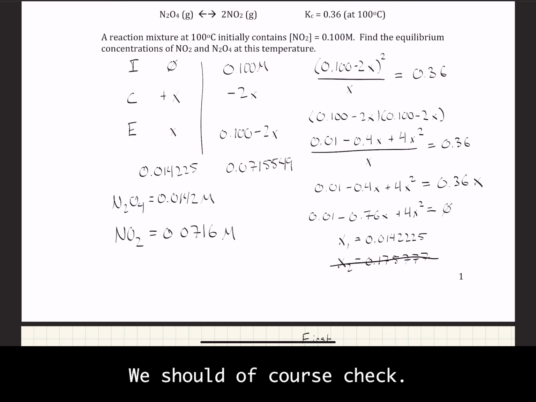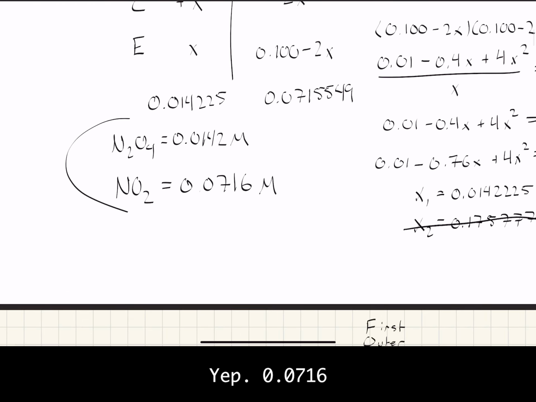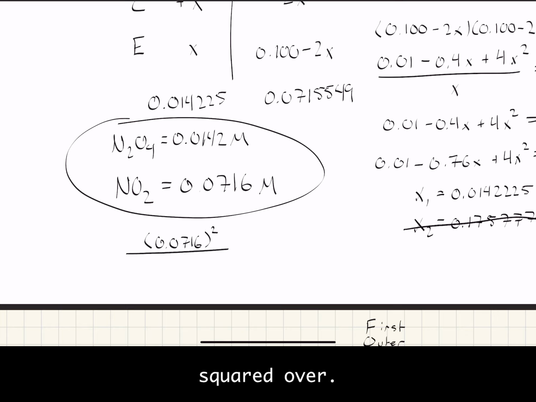We should, of course, check. Yep. 0.0716 squared over... Actually, does it work rounded?